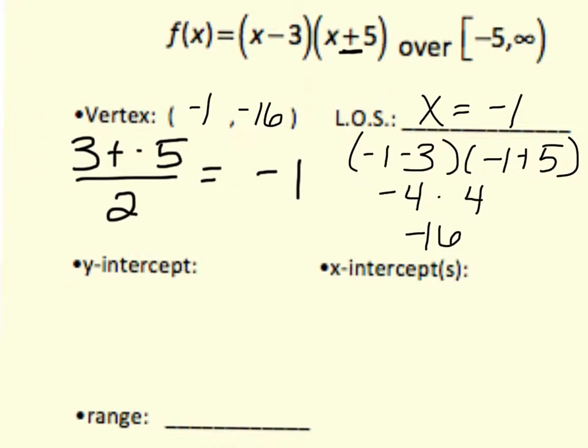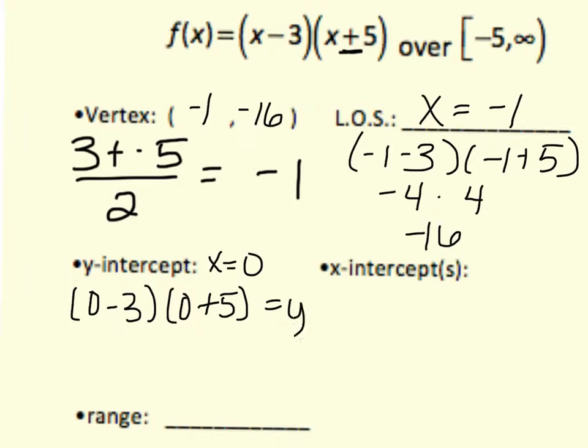Your y-intercept is where x is 0. So it's negative 15. So 0, negative 15 is one coordinate. And our x-intercepts are where y equals 0.